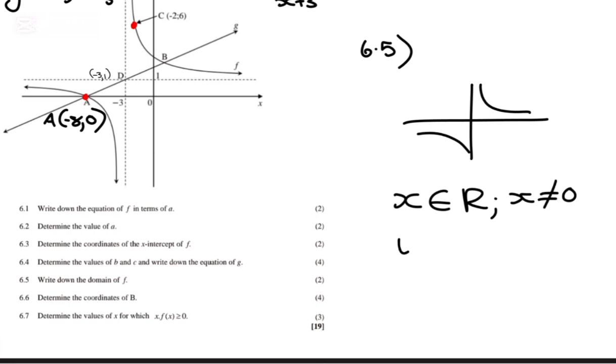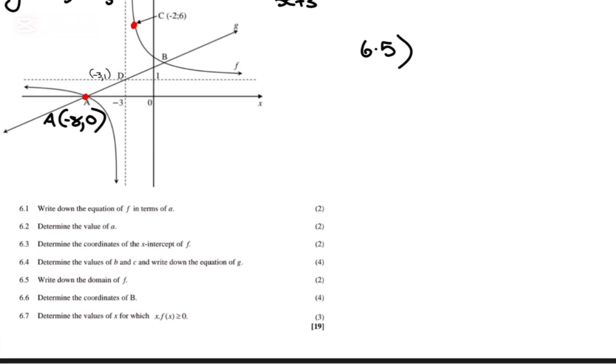And even when I do my range, it would be y element of real numbers, but it excludes my asymptote. So that's very important. So this was an easy one. Whenever we do the domain, x element of real, but it excludes my asymptote. My asymptote at the moment is at negative 3. So it's all those values.